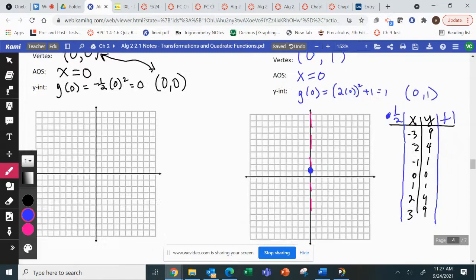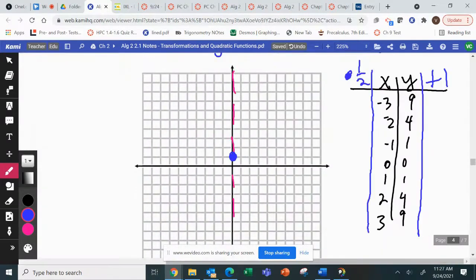So I've got my transformation table set up. I multiply all my x's by half. So I get -3/2, -1, -1/2, 0, 1/2, 1, 3/2. And my y's would be 10, 5, 2, 1, 2, 5, 10.